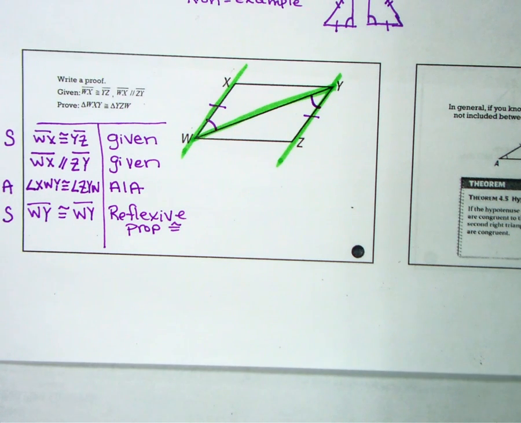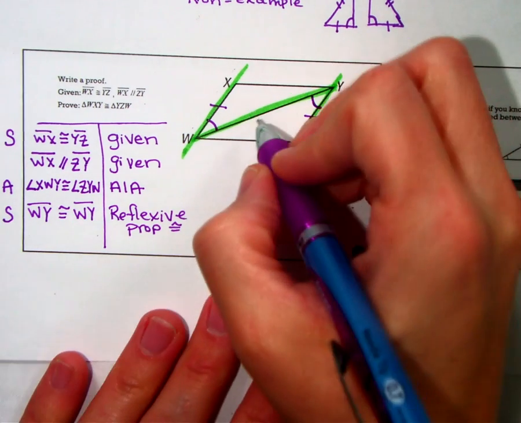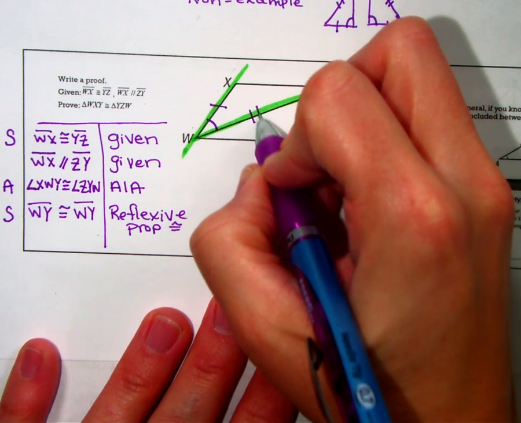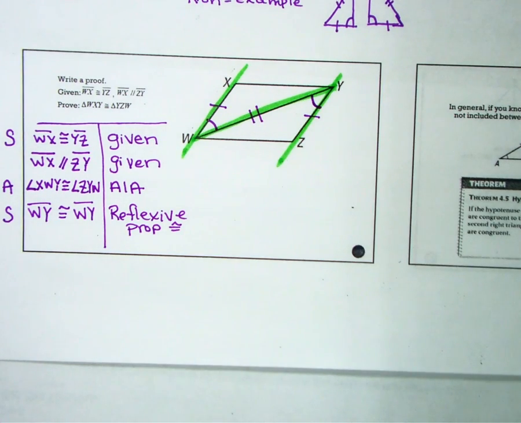Once you have 3 letters, okay, so I've got my side, my angle, my side, I've got my 3 letters, I'm ready to say that the triangles are congruent. I'm going to take just a minute to go ahead and mark that reflexive. And look to see, is the angle that I got actually in between my 2 sides? Here's my 2 sides.